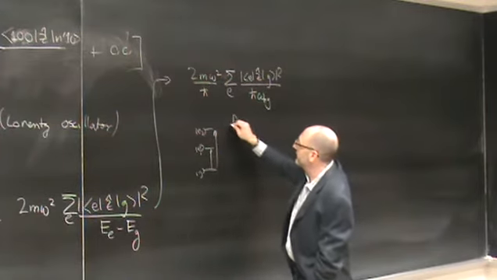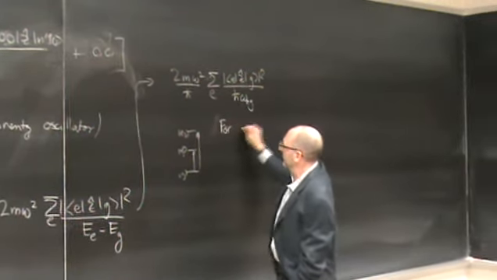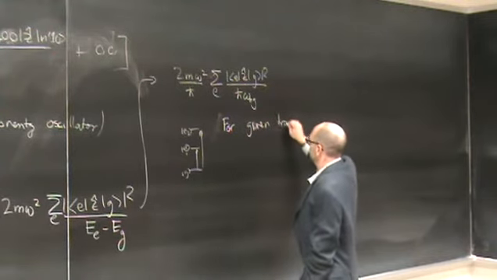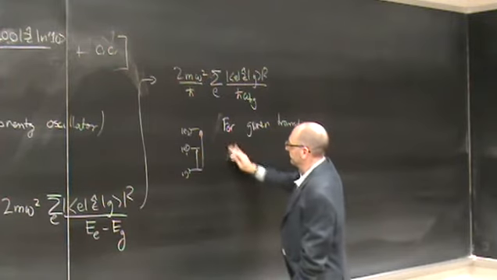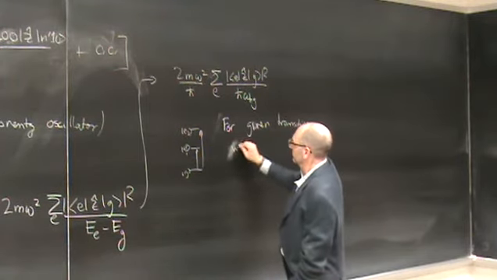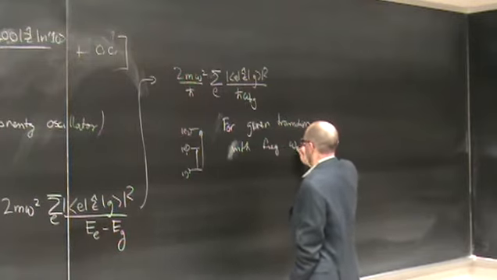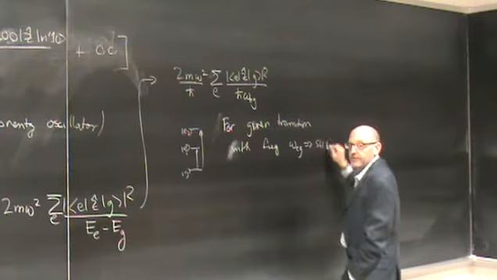Then what I see here is that F for a given transition with frequency omega EG, set that equal to the simple harmonic oscillator frequency.